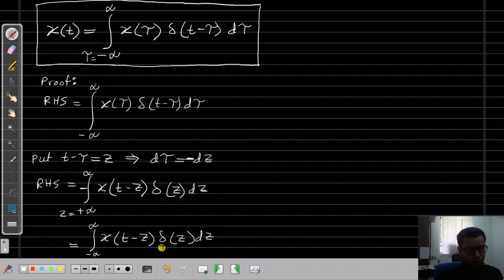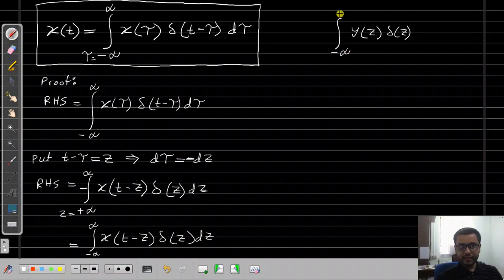And now you recall the formula that we have learned, that any function, say y of z, multiplied by delta z, integrated from minus infinity to plus infinity is the same as y of 0.